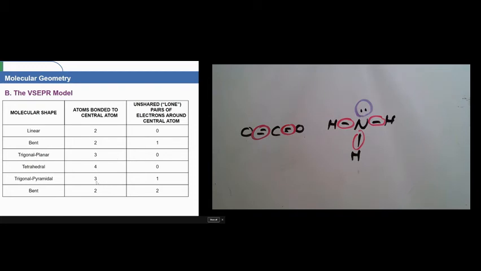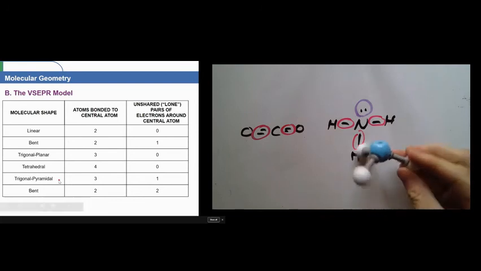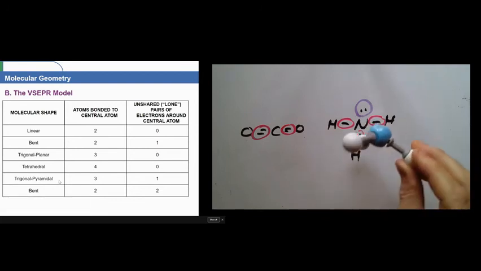So I go down to 3 shared and 1 unshared, and that tells me that I have a trigonal pyramidal shape, which is what we already know is the shape of ammonia.